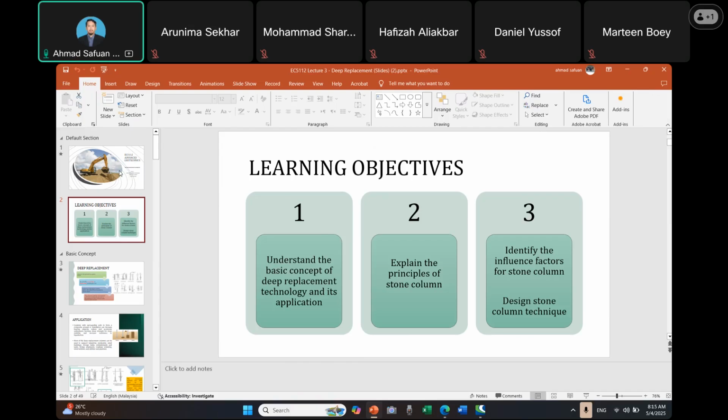We will explain the influence factors that need to be considered when we design stone columns.